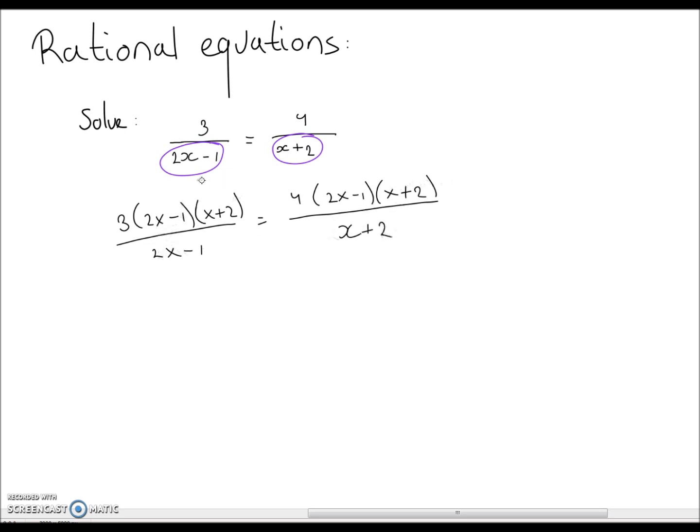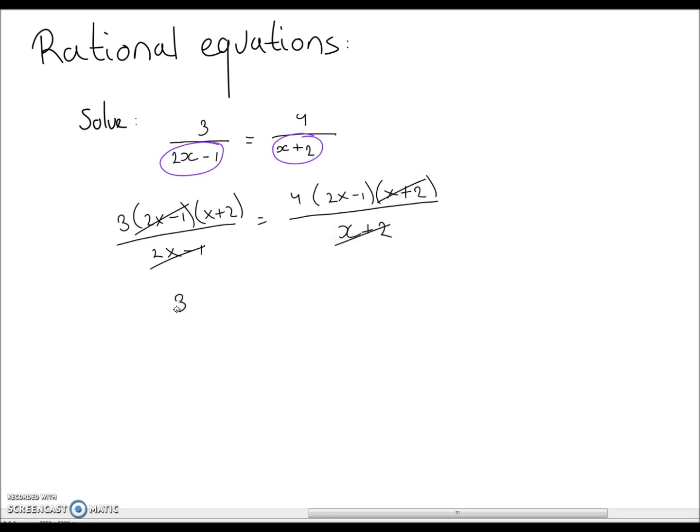We can see that in this fraction the 2x minus 1 is both a factor in the numerator and a factor in the denominator, so I can divide them out. In this fraction, x plus 2 is a factor in both, so we can divide that out.